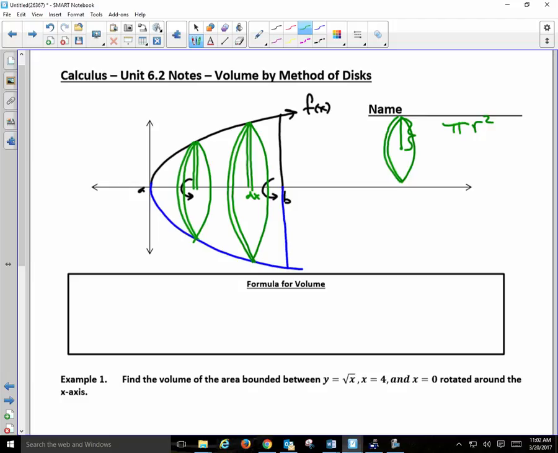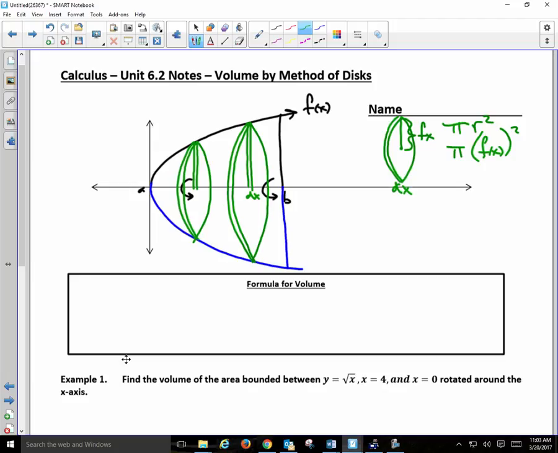Now, what makes up this radius right here? The function. The height of the rectangle is the radius, which is determined by the function. So the area is pi times the function squared, and if we then want to use the thickness, which we said was dx, to find the volume, we would just take our area times our width.